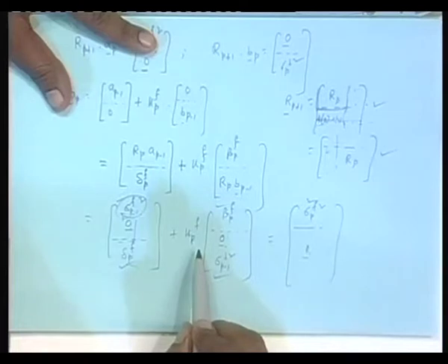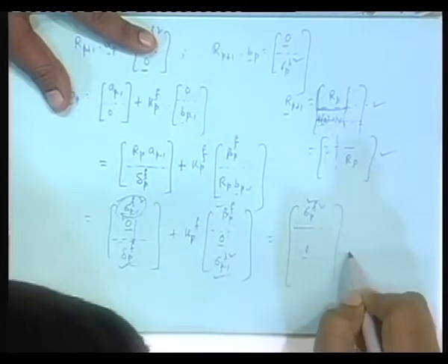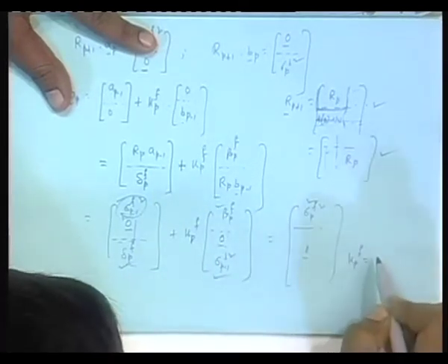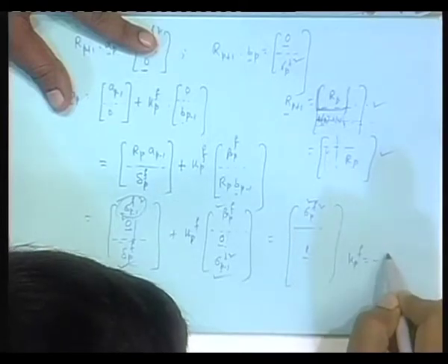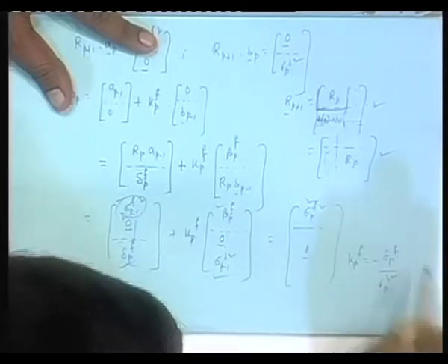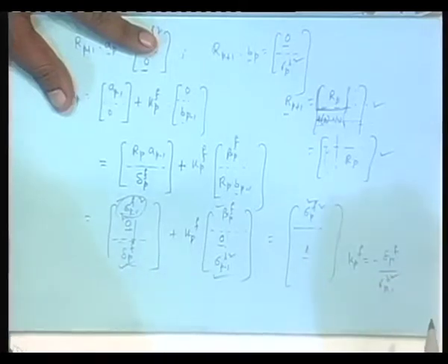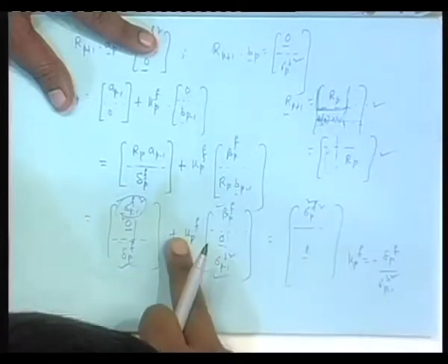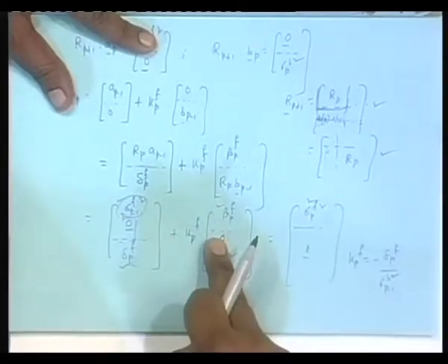So, you solve for KPF, KPF is minus delta PF by beta by sigma P minus 1 B square. That KPF you put back here, you get this term.